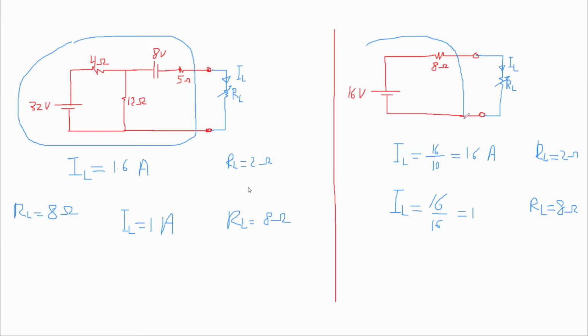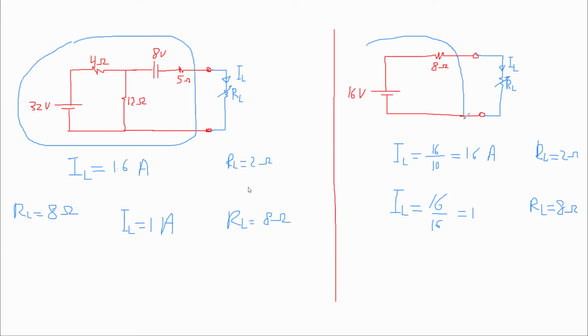Okay, so now we're going to see how we can find this equivalent circuit. We call it Thevenin equivalent circuit. If I want to find this, it means I have to find two things: what is R Thevenin and what is E Thevenin? Because this is the equivalent circuit, I need to know R Thevenin and E Thevenin.